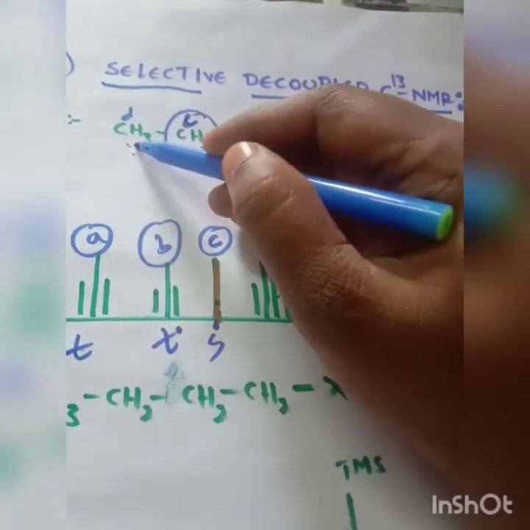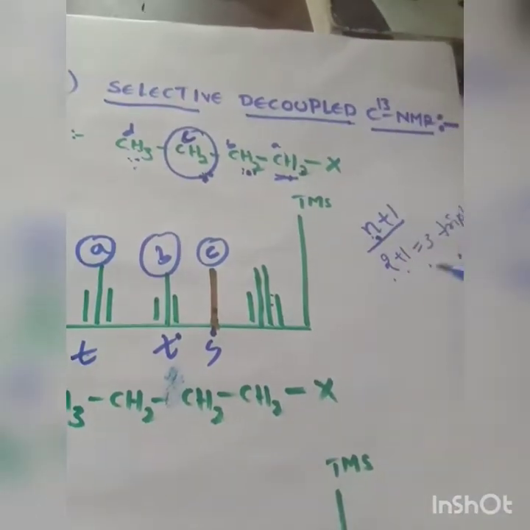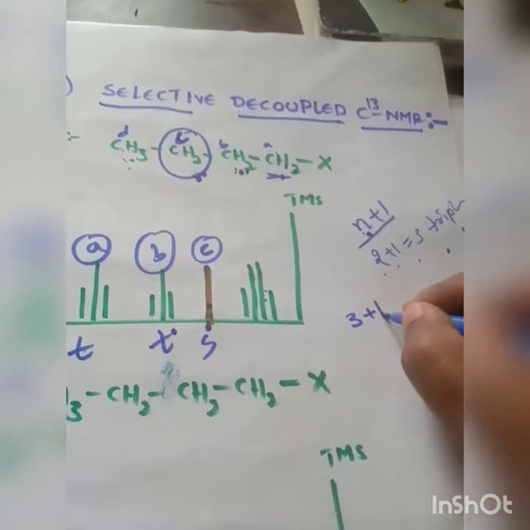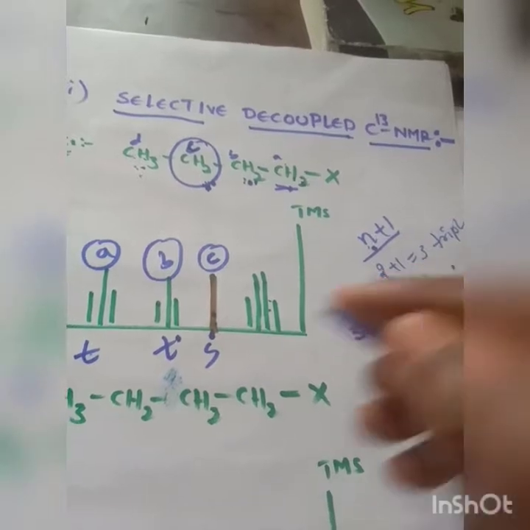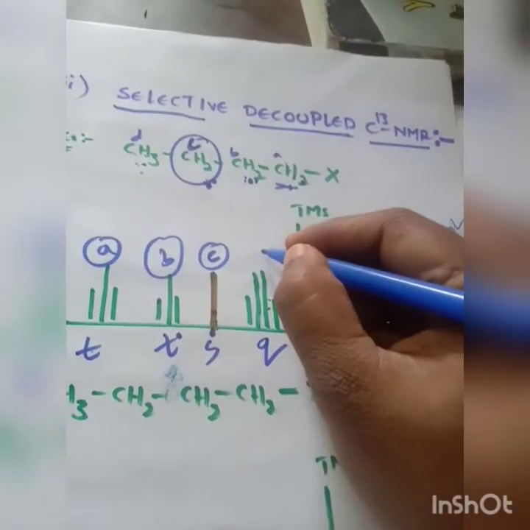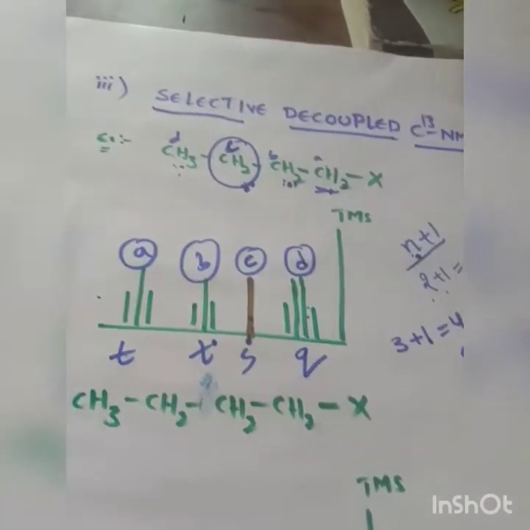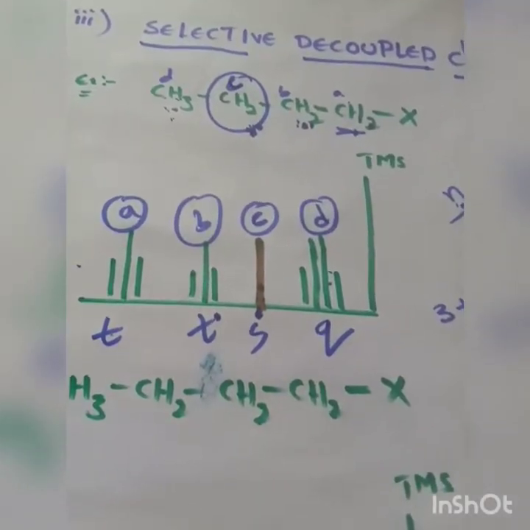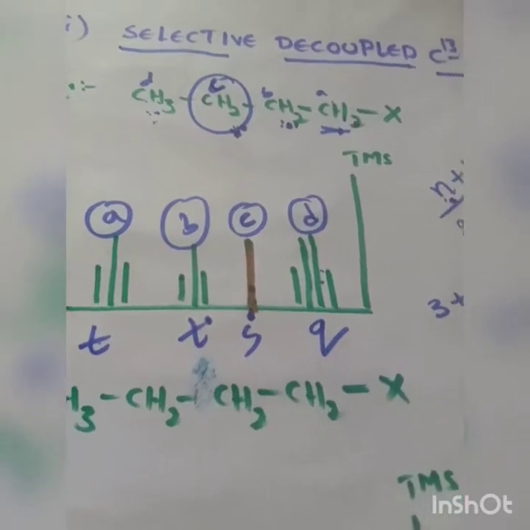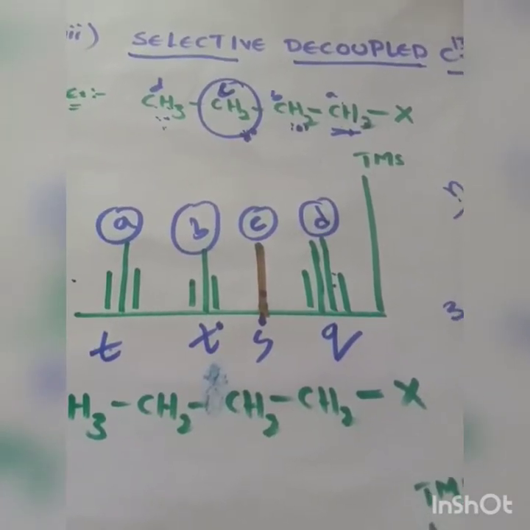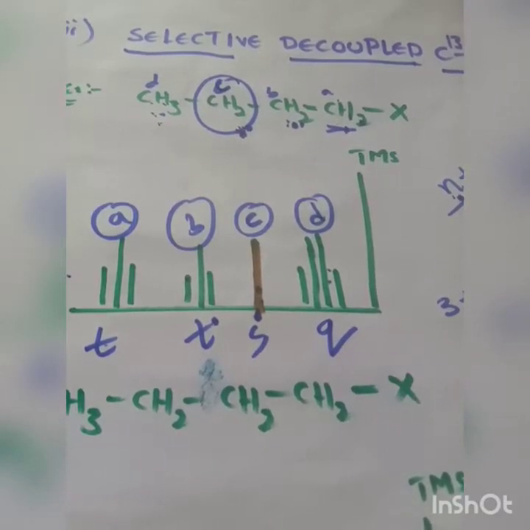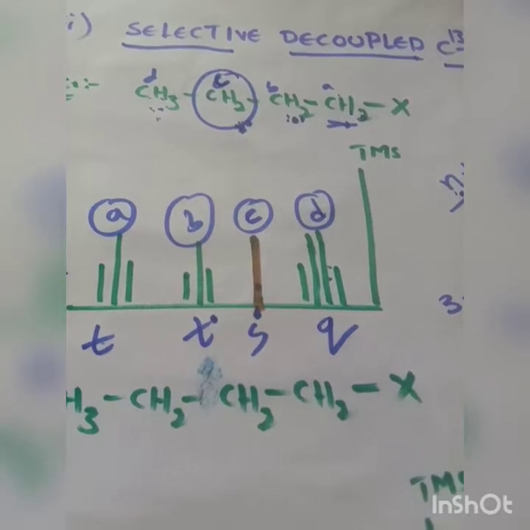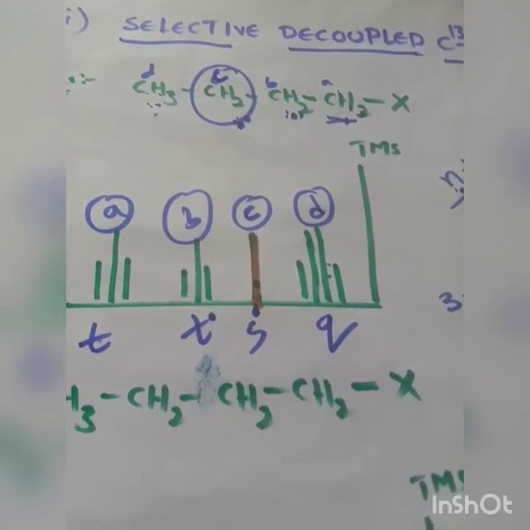The fourth, the D type of carbon, has 3 hydrogens, so 3 plus 1 equals 4, a quartet. So in this example, only one carbon undergoes decoupling and gives a singlet, which is selective decoupling, and the remaining three types of carbons give coupling and multiplicity: triplet, quartet and so on.